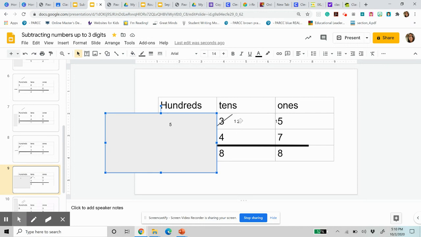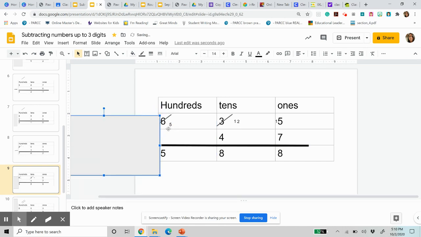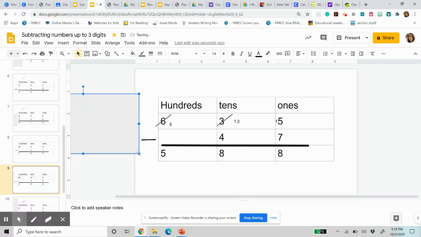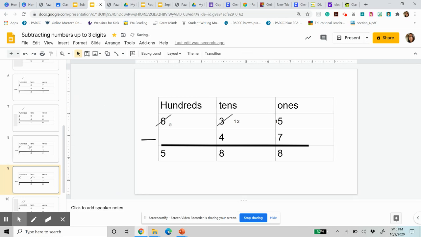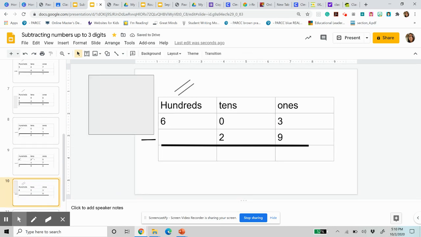Then we moved here, then it was a 2 minus a 4. We couldn't do that, so then we had to ask our neighbor over here. He became a 5, and that became a 12. And then we were good to go because everyone cooperated with each other and shared, and it was great. All right, let's see. See, cooperating, being kind, it's good for everybody.